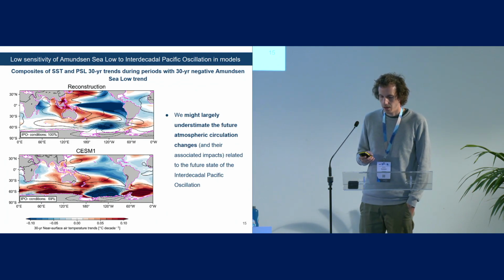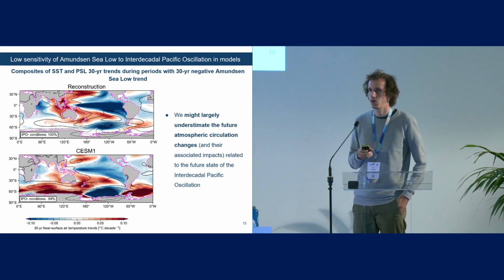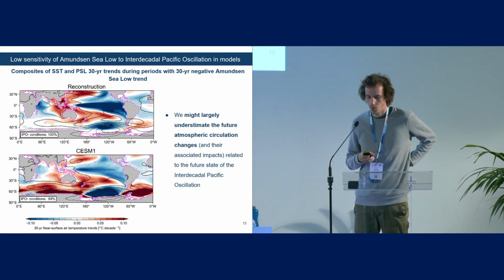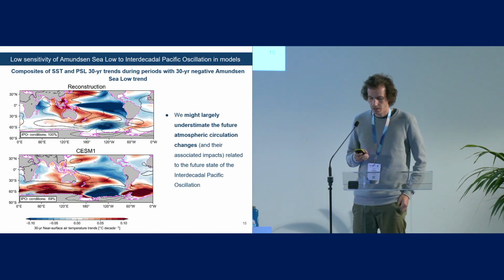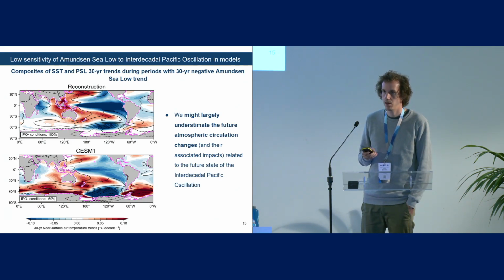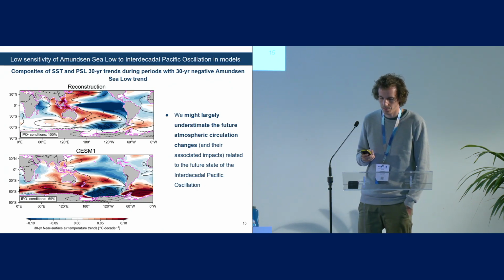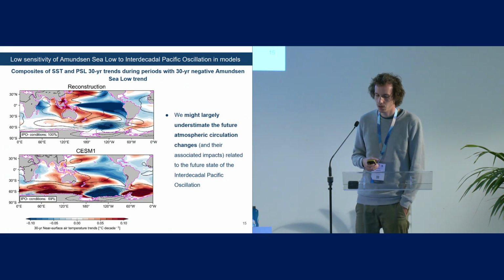So we compared the reconstruction with different climate models, six models, but here I only show the American model, the CESM1 model. We repeat the same diagnostic, and what we can see is that the model disagrees with the reconstruction, because the deepening of the Amundsen Sea Low is not always associated with negative conditions in the central Pacific.